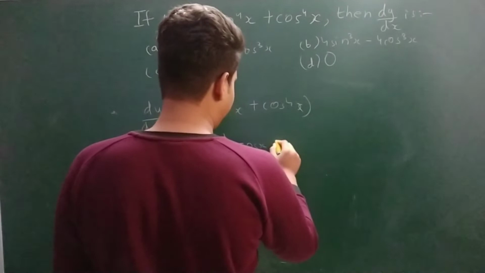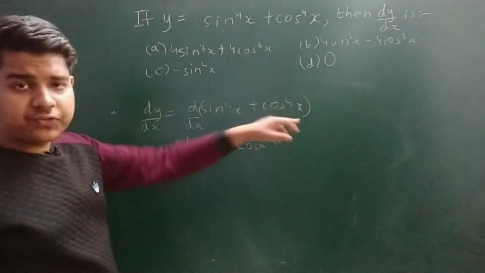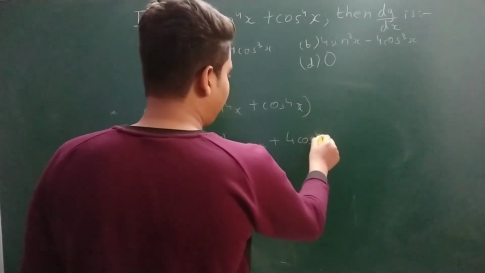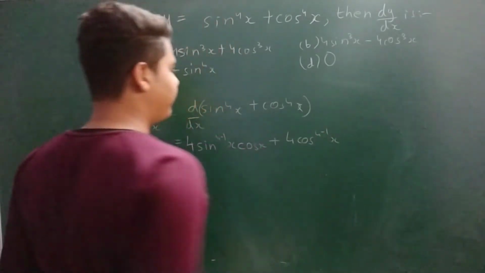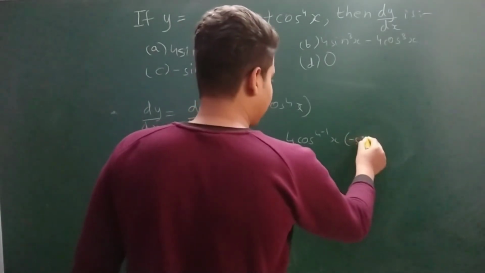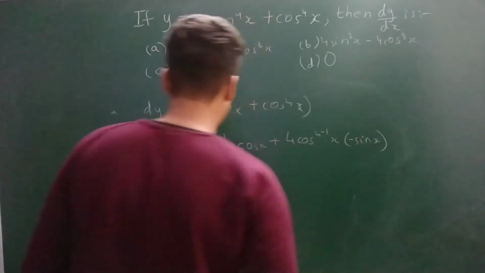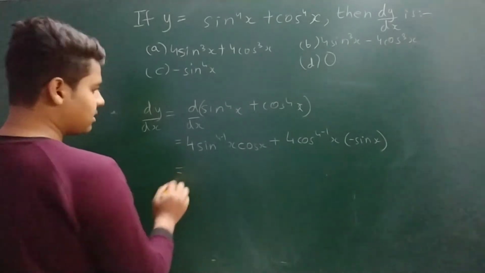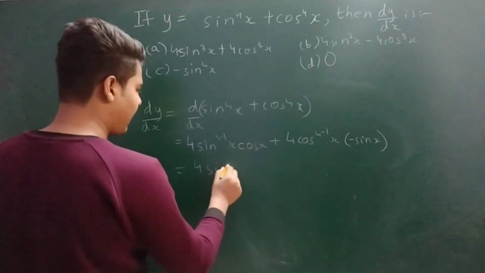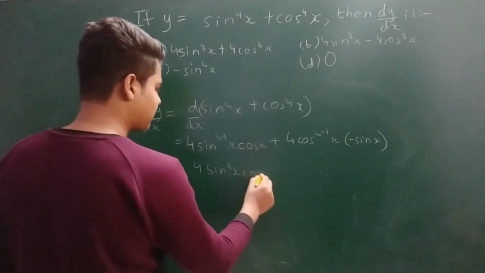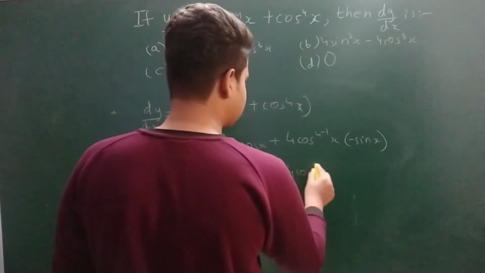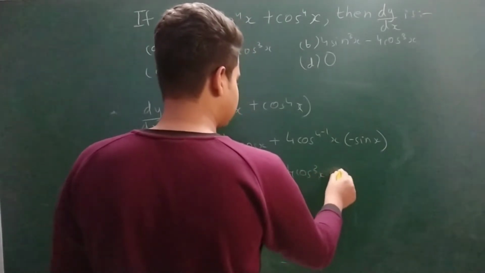And for the second part, cos 4x, again the same thing, 4 cos 4 minus 1 x, and the differentiation of cos x is minus sin x. So if we simplify this, we get 4 sin cube x cos x minus 4 cos cube x sin x.